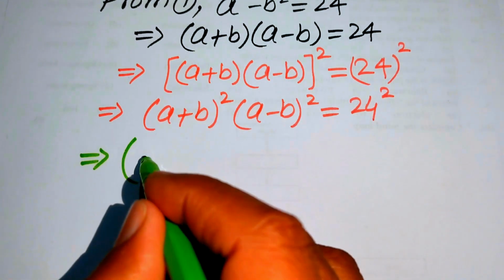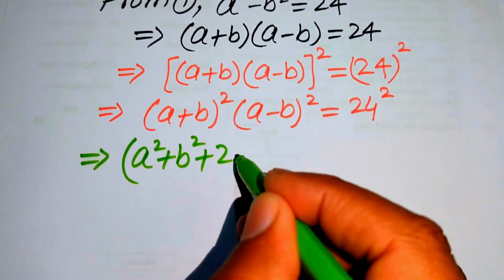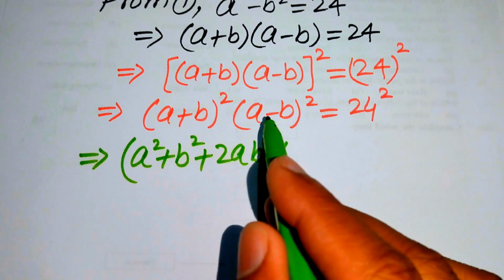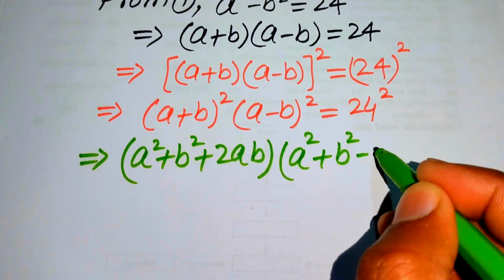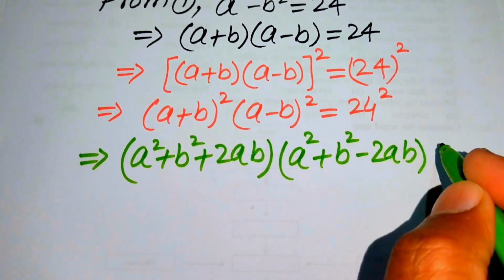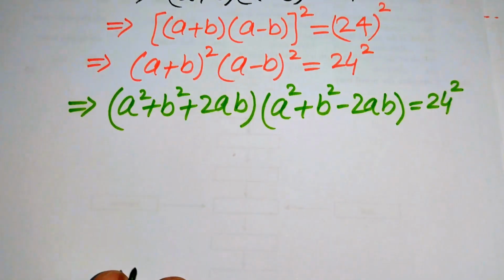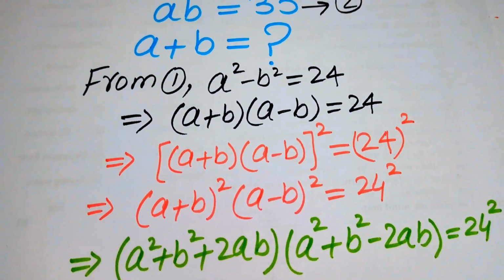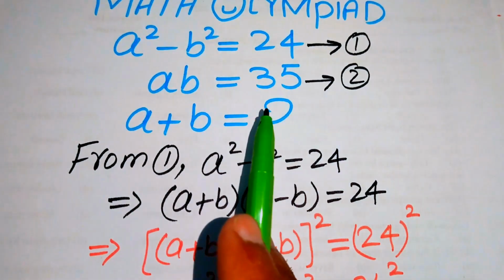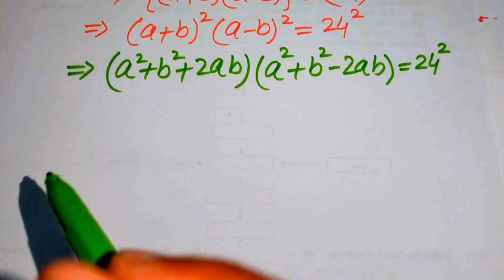The formula for (a + b)² is a² + b² + 2ab, and the formula for (a − b)² is a² + b² − 2ab, and this whole equals 24². Now we use equation number 2, where we have the value ab = 35, and we use the value of ab here.